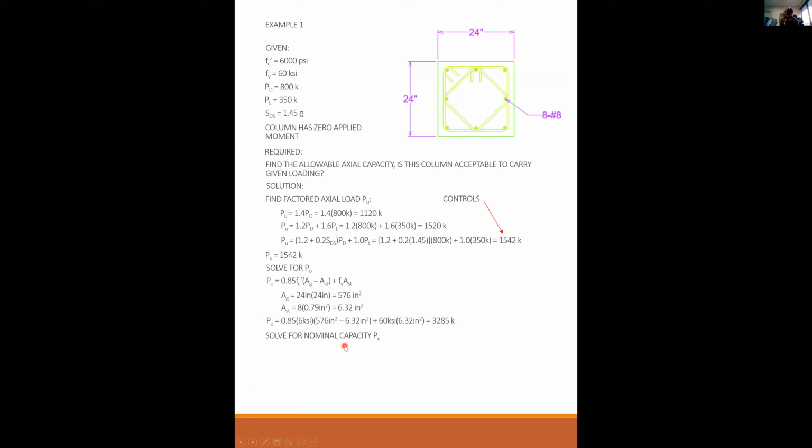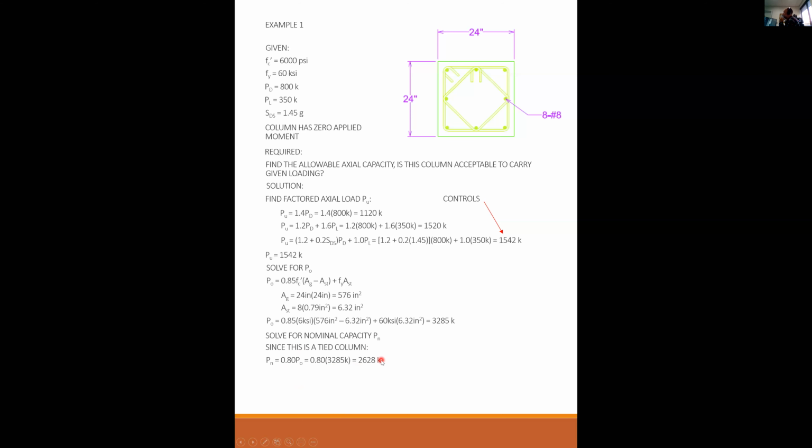The nominal capacity Pn, since it's a tied column, how do I know it's a tied column? Well, I don't have a circular spiral in there, so it has to be a tied column. Because it's a tied column, the nominal capacity P sub n is 80% of P naught. So I multiply the 3285 times 0.8, 2628.